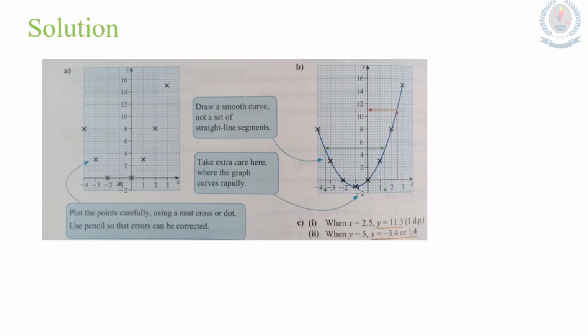Then using those two places, you draw arrows down to the x-axis. Then two solutions come. When y equals 5, one answer is x equals minus 3.4. The other one is x equals 1.4. These are the nearest answers.